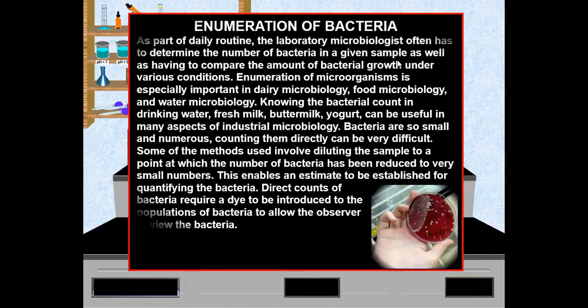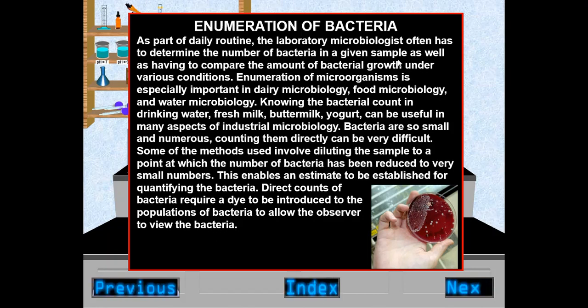So, what is meant by enumeration of bacteria? Enumeration of bacteria is part of daily routine. The lab microbiologist often has to determine the number of bacteria in a given sample as well as having to compare the amount of bacterial growth under various conditions.